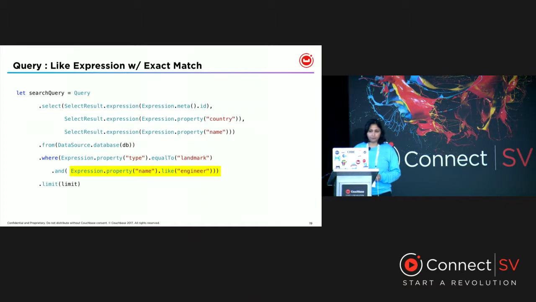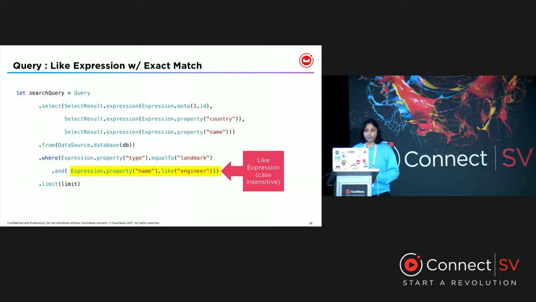Pattern matching. You can achieve pattern matching with the like query, very similar to SQLite. In this specific example, you're saying I'm interested in all documents where the property expression type is equal to landmark, and the property name is not equal to, it matches the pattern engineer.